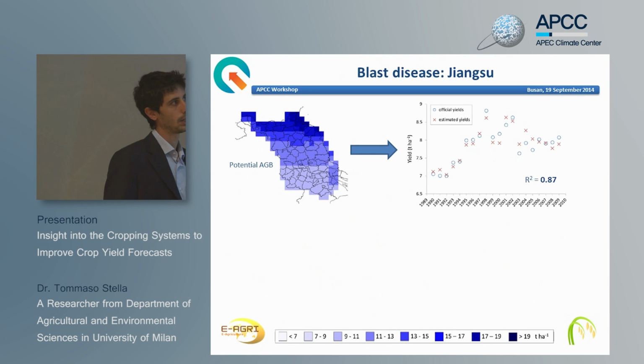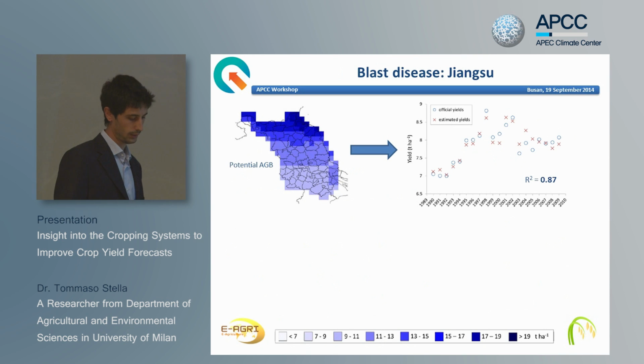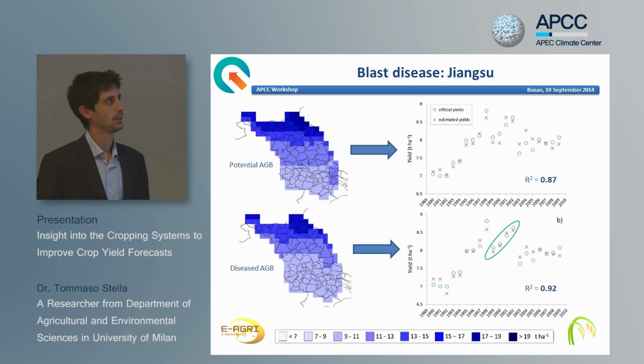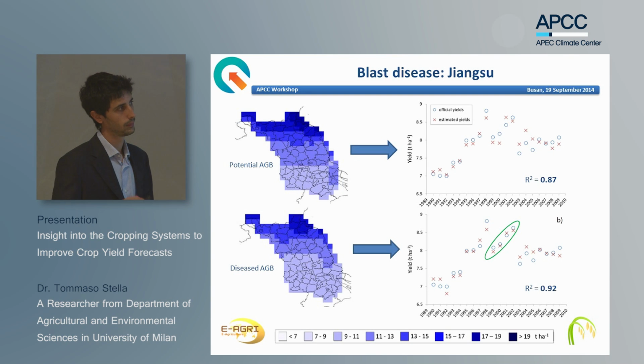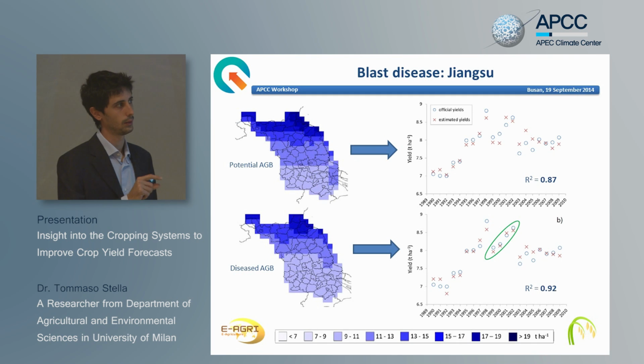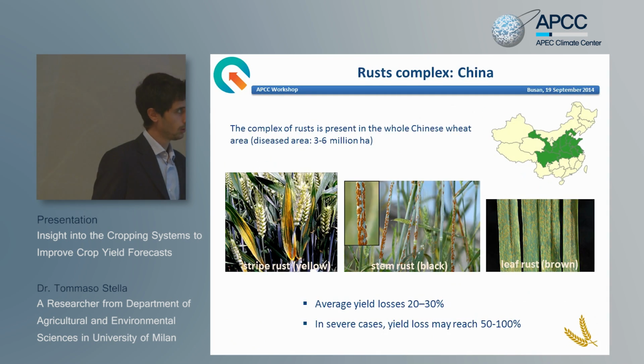And one can think that 0.87 is a good result. Yeah, it is good, but it is better once we simulate the diseases. We reach 0.92, and again, in particular years, the official and simulated yields are much closer than in potential conditions.